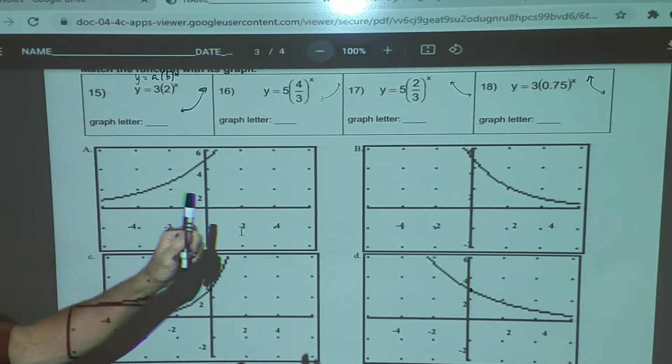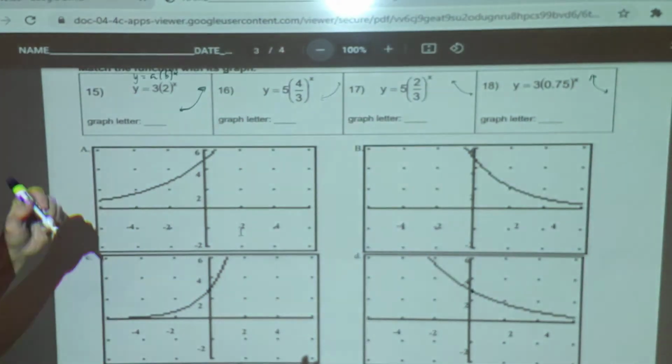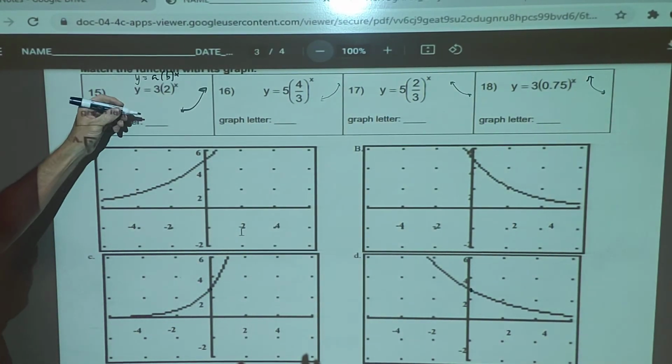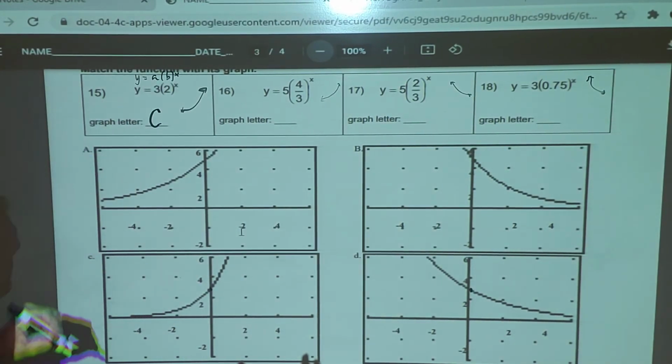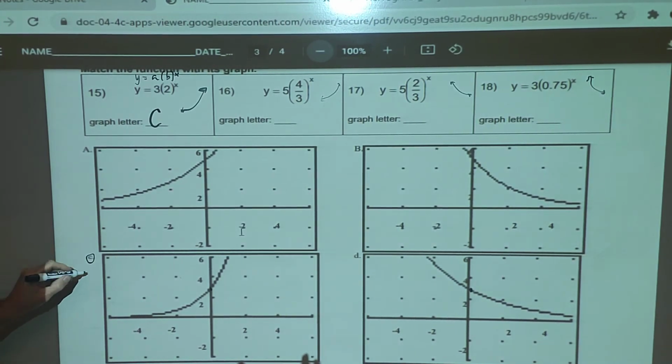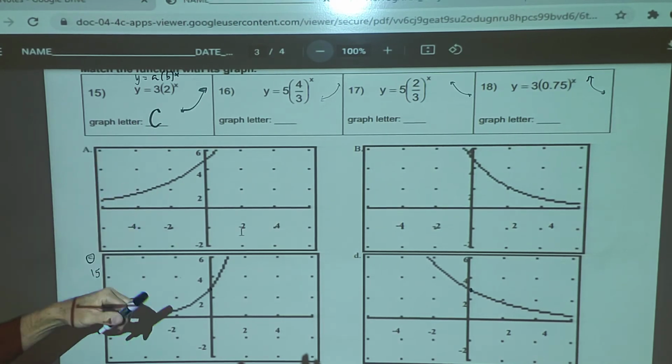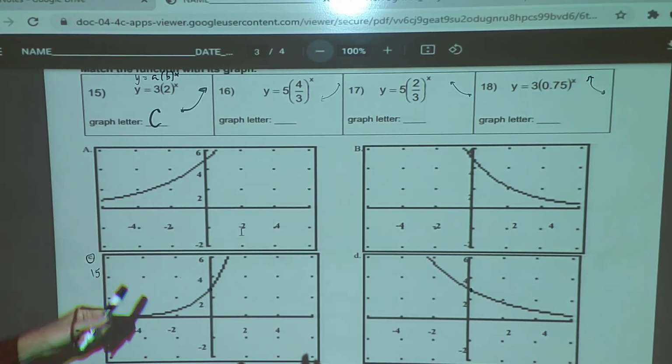However, this one is decaying as it goes along. This one is growing. So this should be answer choice C. Problem 15, answer C. And again, the best bet for you would be to plug this into your calculator and match the graph, noticing where the y-intercept is and the direction of that graph.